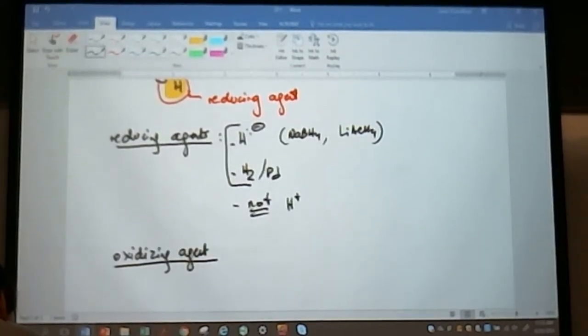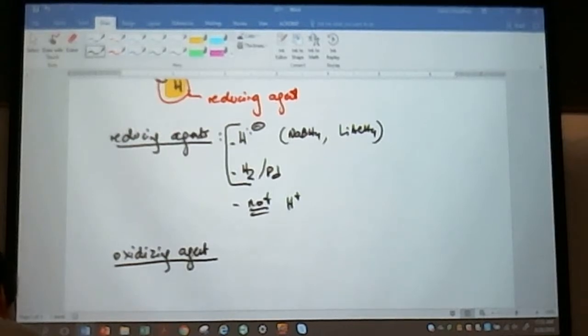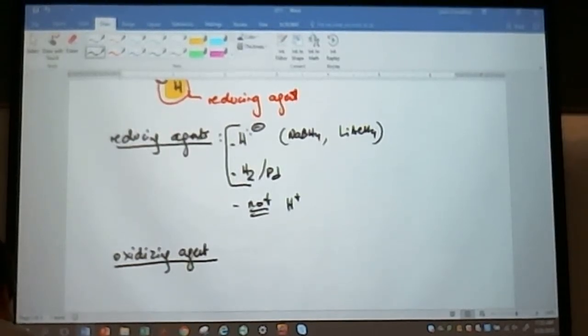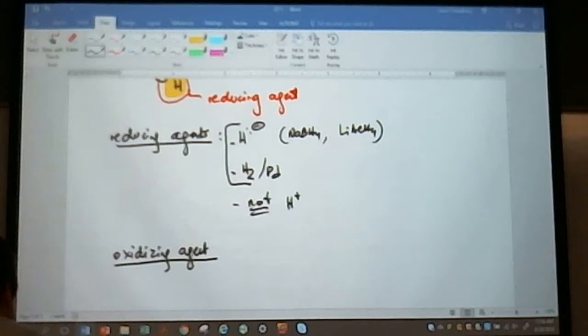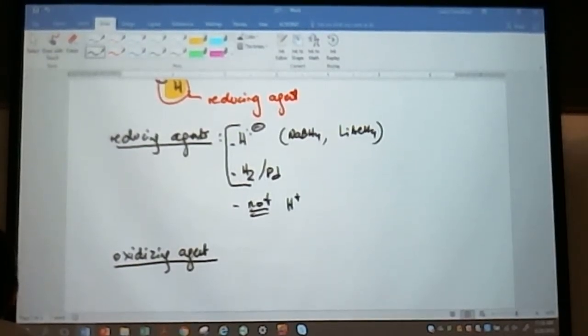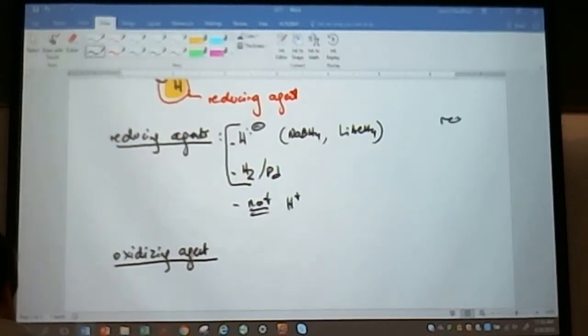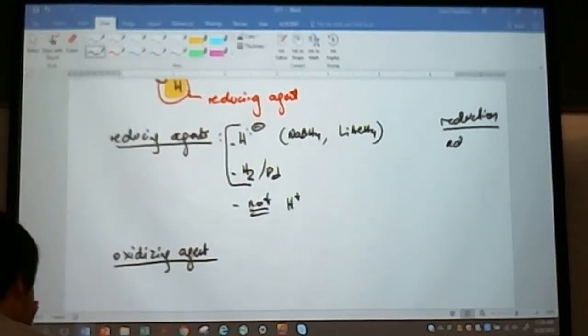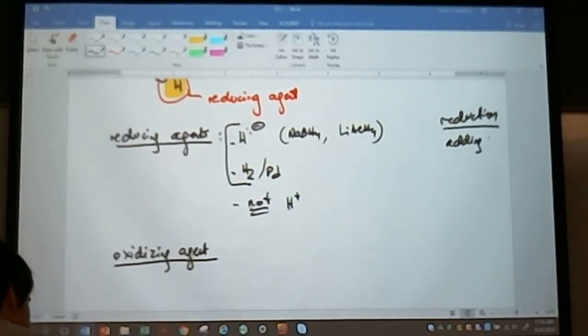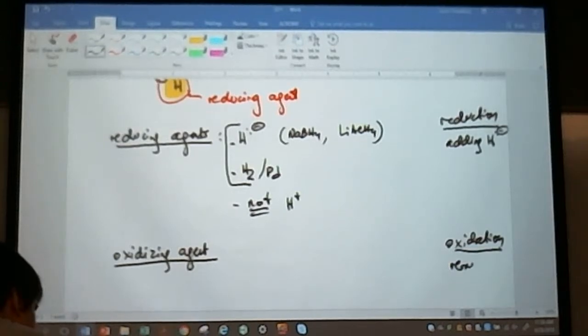So oxidation typically means adding oxygen. It also means removing hydrogen with electrons because oxidation and reductions are opposites. So if a reduction means, as far as the substrate, adding hydrogen with electrons, right? Then oxidation means removing hydrogen with electrons, right?